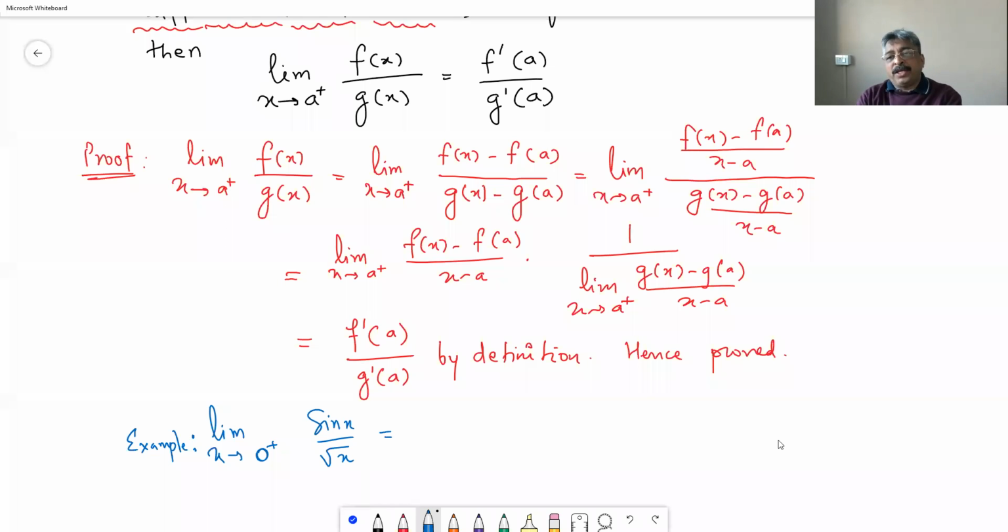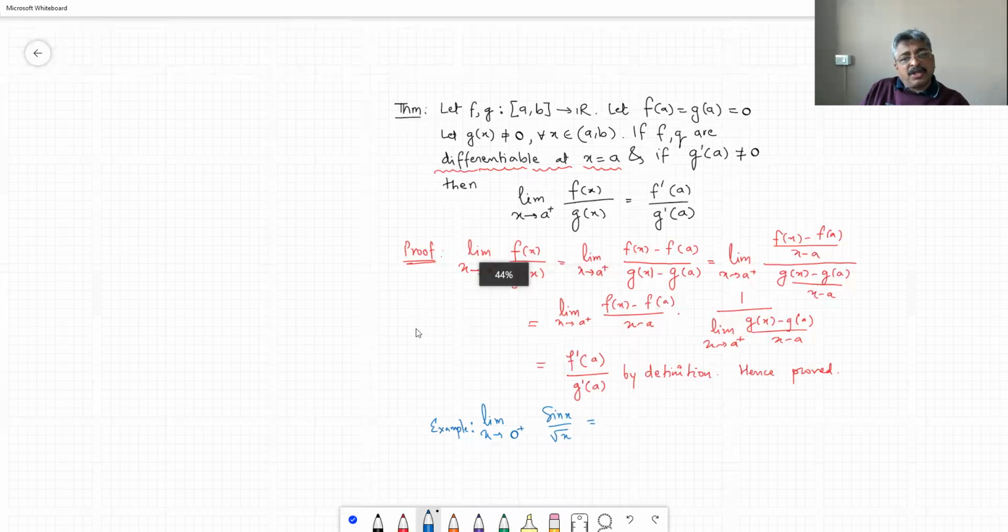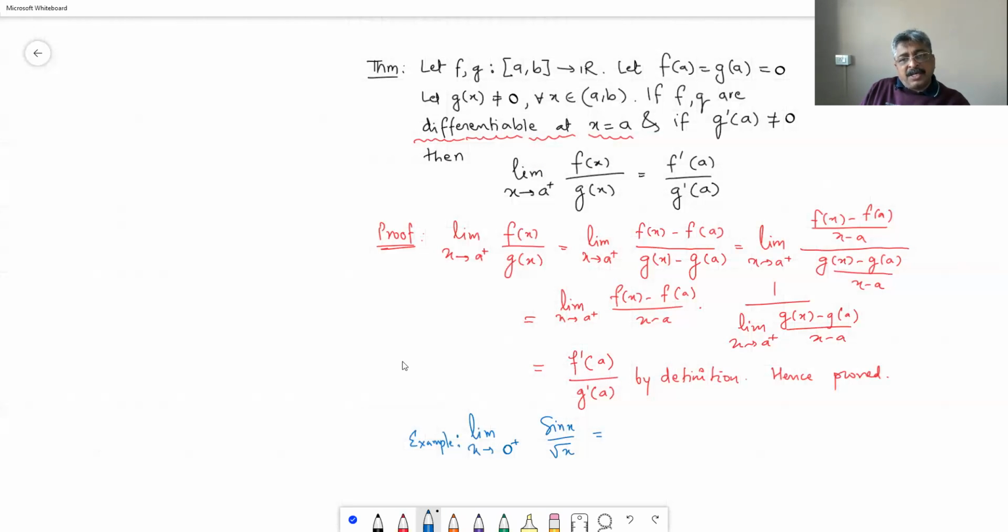Now the flaw is that the given function sin x upon root x, if we consider sin x as f of x and root x as g of x, then the prerequisite of our theorem is in trouble.